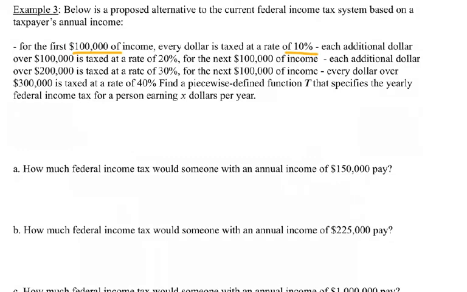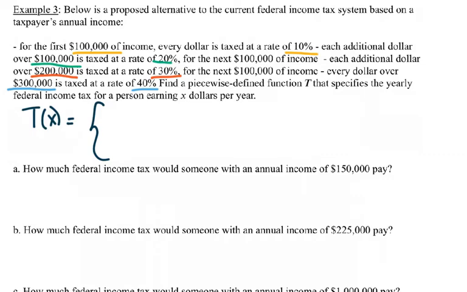Each additional dollar over $100,000 is taxed at 20%. For the next 100,000, over 200,000 is 30%. Over 300,000 is 40%. So we're going to find a piecewise function, and it says to use t, so it'll be t of x.